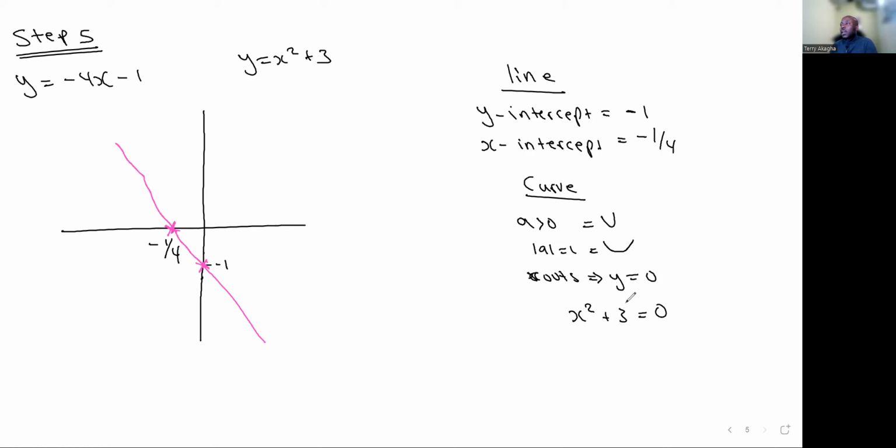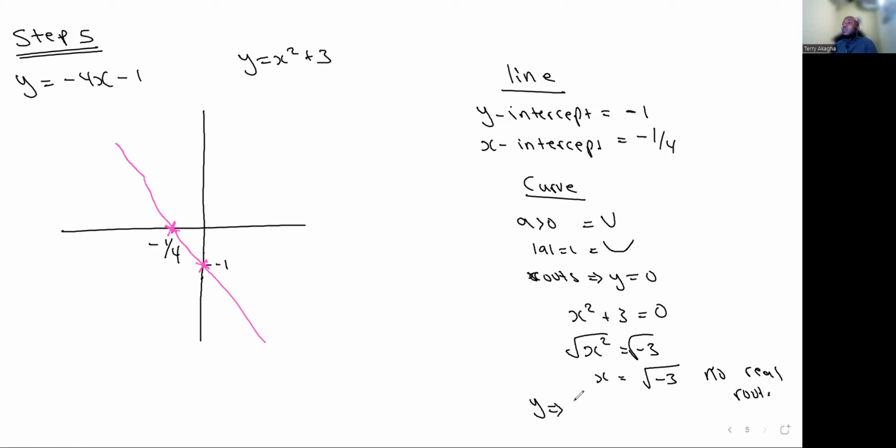Take 3 to the other side, so x squared is equal to -3, and x is going to be the square root of -3. So you can see there are no real roots. That means it's not going to cross the x-axis, so it's going to be above the x-axis. All right? Then let us check the y-intercept. For the y-intercept, x is equal to 0.